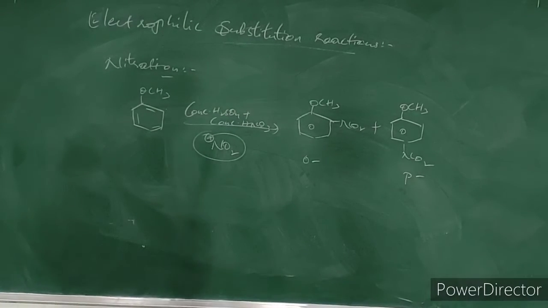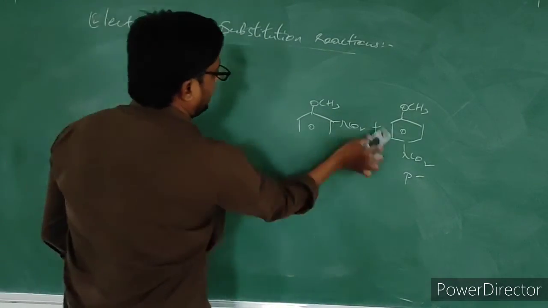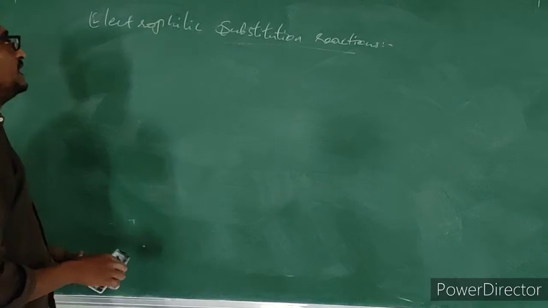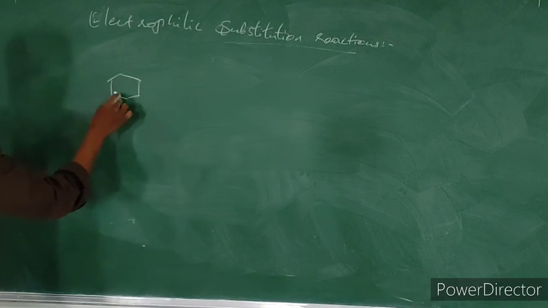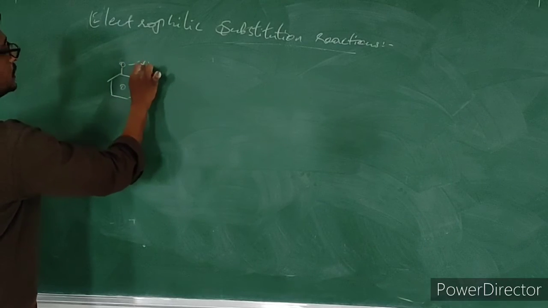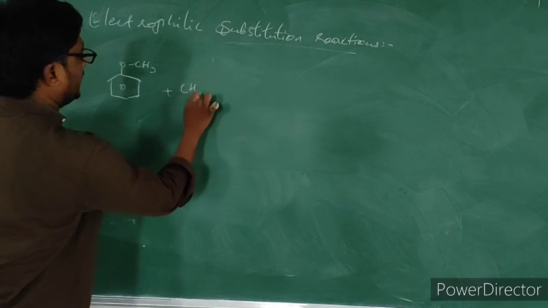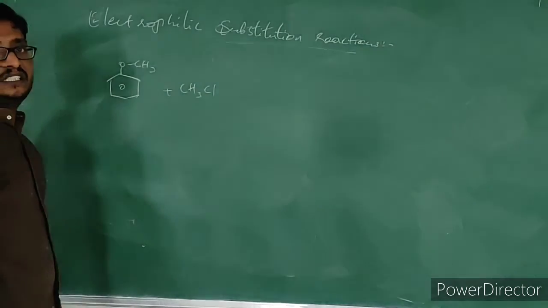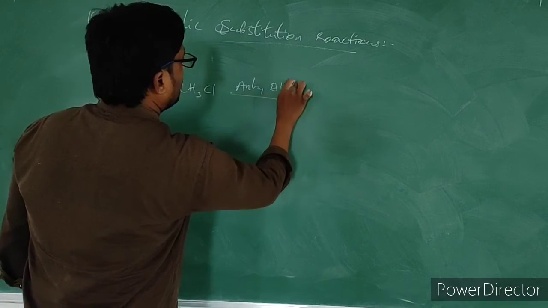Now let us see Friedel-Crafts reactions, that is, alkylation and acylation. Aromatic ethers react with an alkyl halide, CH3Cl, in the presence of anhydrous aluminium chloride.